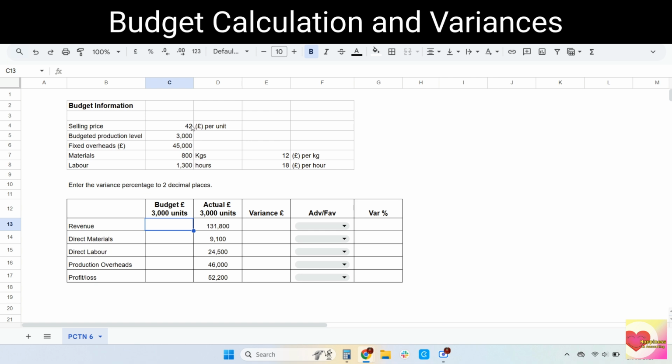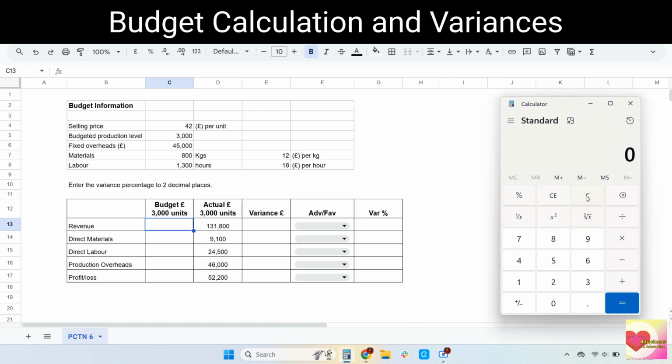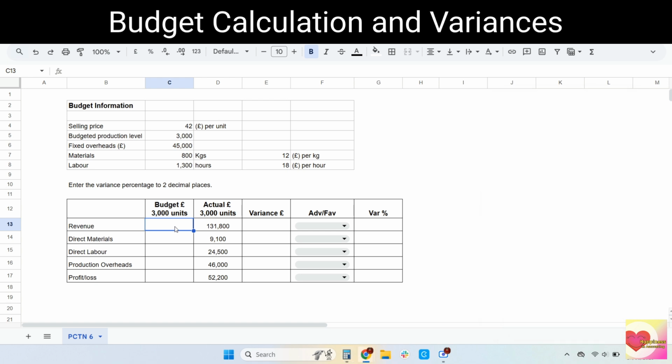We have to get the total revenue for 3,000 units, so we have to multiply the selling price, 42 pounds, by 3,000 units, and we got 126,000 pounds. So this is our budget for revenue.